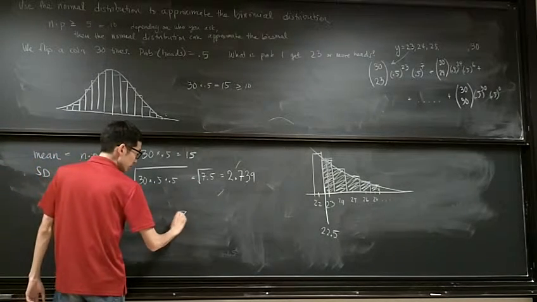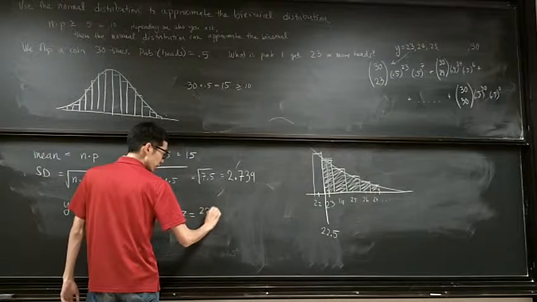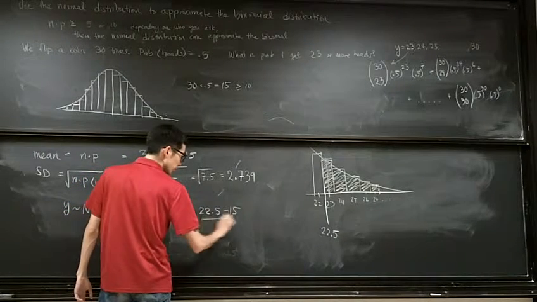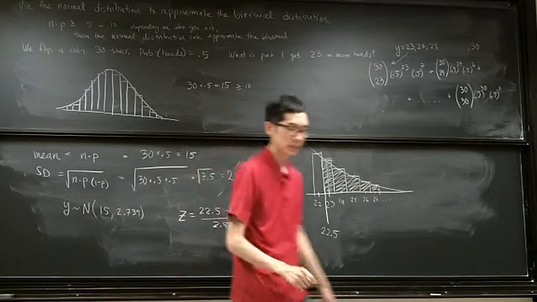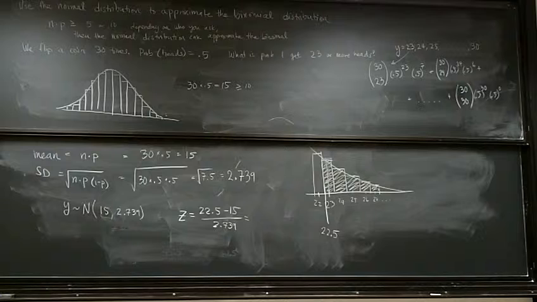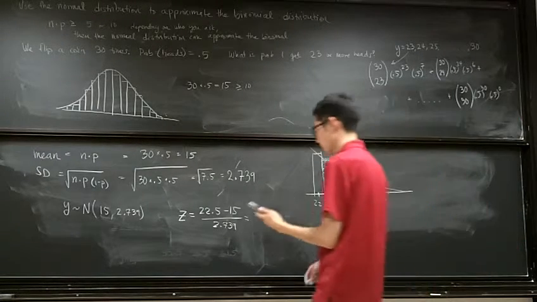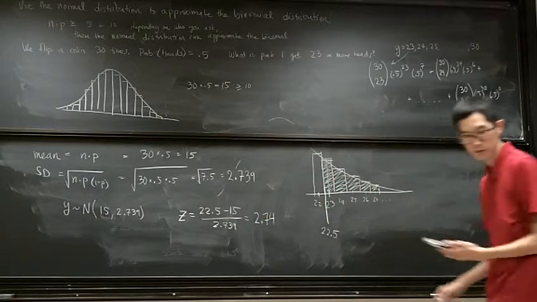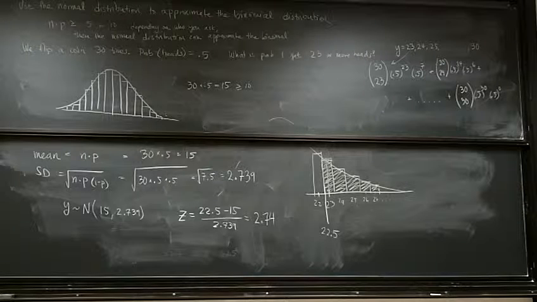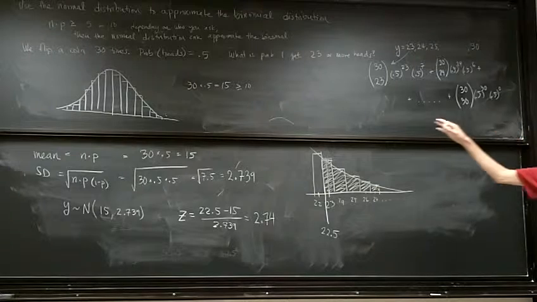So I have z equal to 22.5 minus the mean of 15 divided by 2.739, and I think this is just going to be 2.74. I get a z score of 2.74, and I want to know what's the probability of getting that or more.